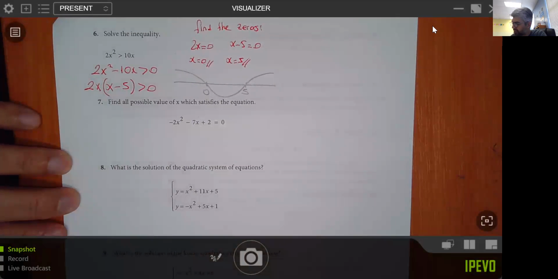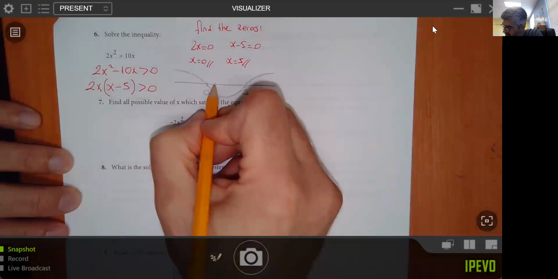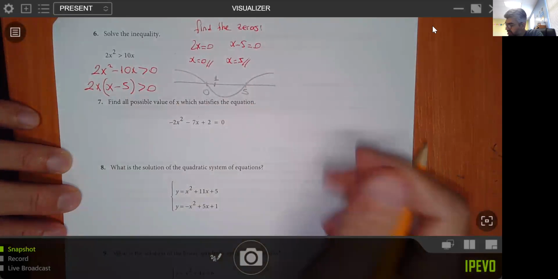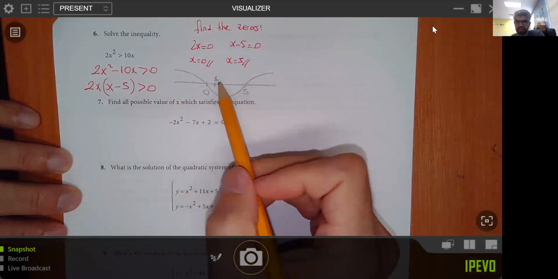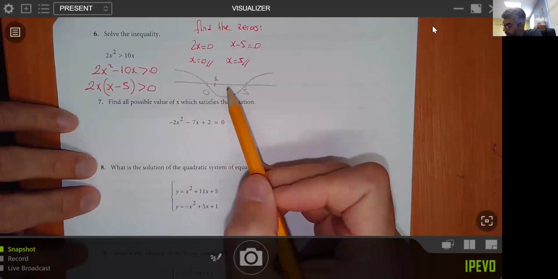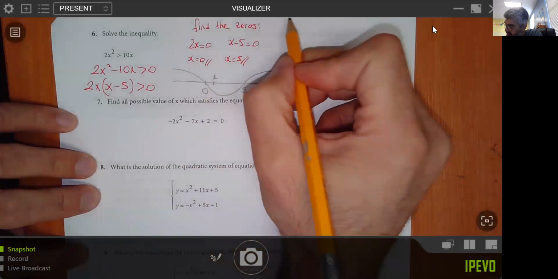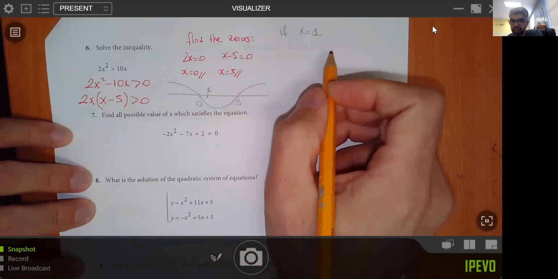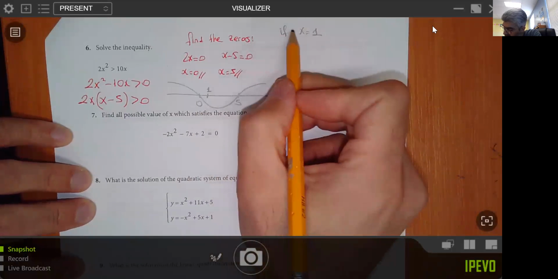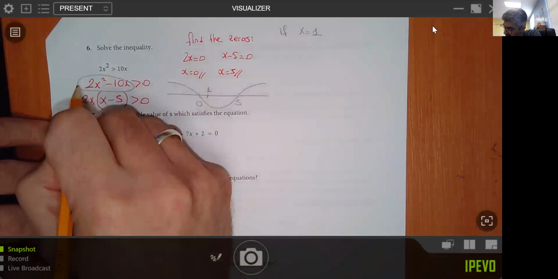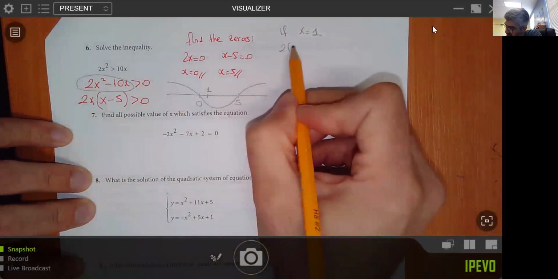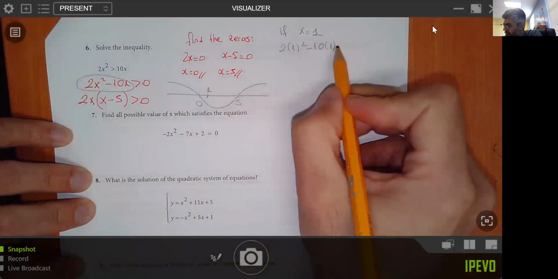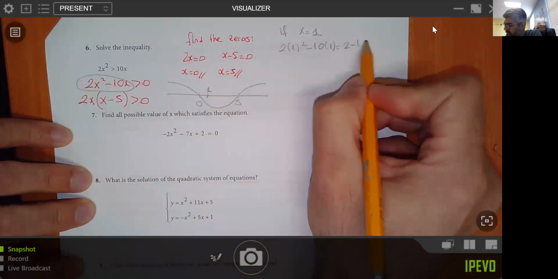Basically, we just pick a number. Let's pick a 1. Easy one, right? If it's possible, we take 0. If not, any other numbers, small numbers because of easy calculation. So if x is 1, I just check it out here. 2 times 1 squared minus 10 times 1 is 2 minus 10.